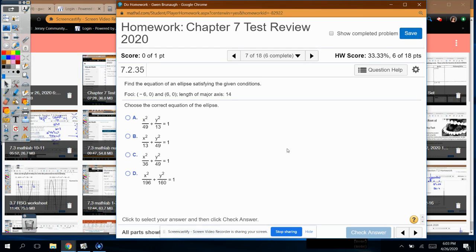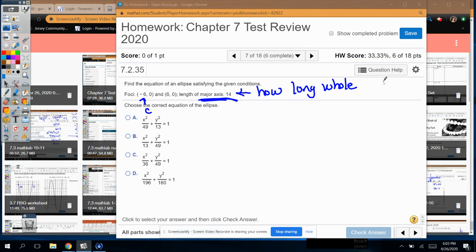Okay, let's try this one. They tell you the foci, which tells us C again. The major axis tells us how long Stewie's head is. If you divide it by 2, it will tell you what A is.